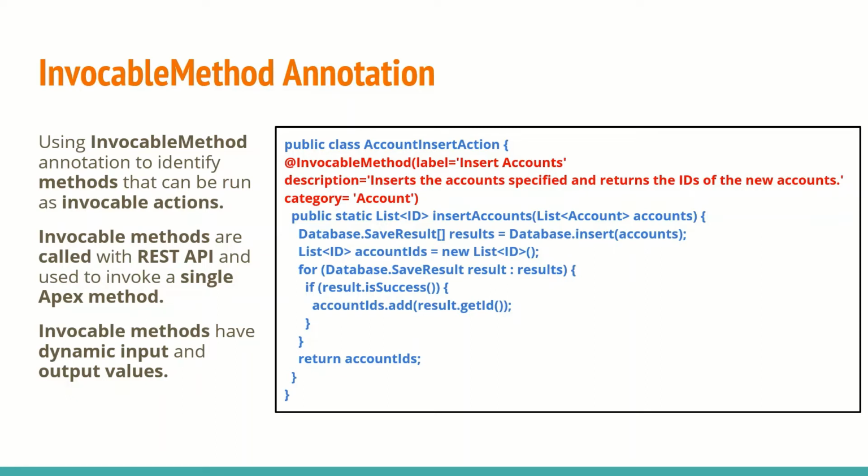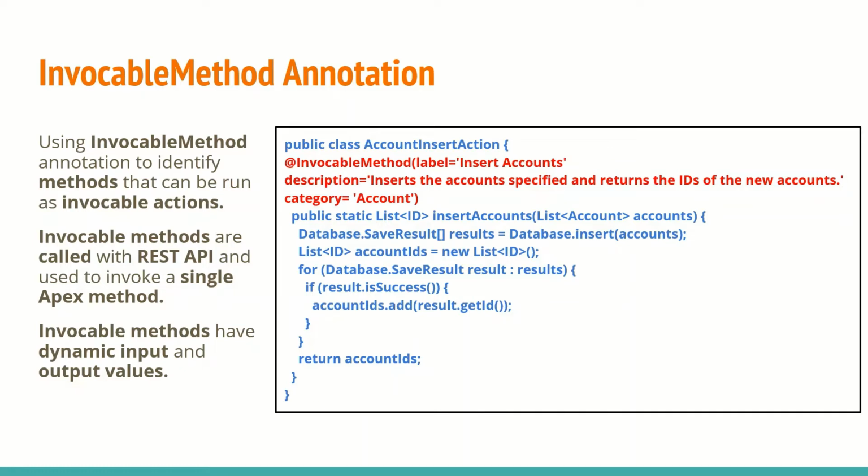So as we know, we can call these invocable methods from process builder or from flows. So we just pass the dynamic record value. We pass it from the process builder to that particular class, and then that particular class runs. So that's why we can pass the dynamic input and we get the dynamic output values.